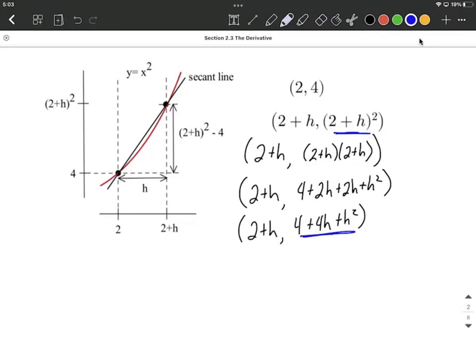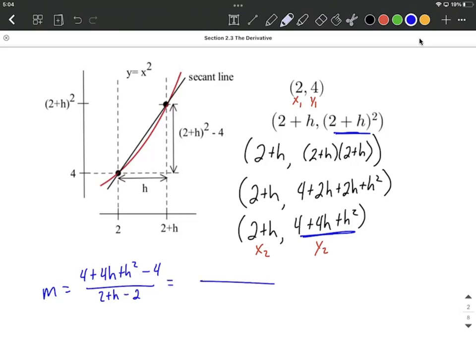All right, so from here I'm going to think x1, y1, x2, y2, and fill into our slope formula because we want the slope of this line. So in our slope formula, the y2 value, 4 plus 4h plus h squared, minus the y1 value, 4, over the x2 value, 2 plus h, minus the x1 value, 2.